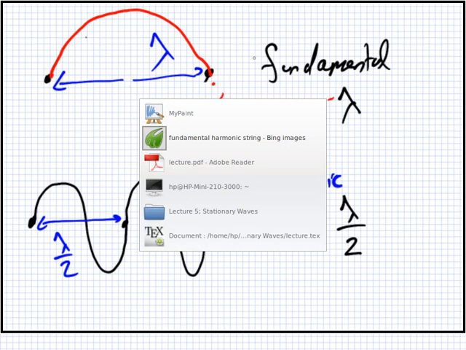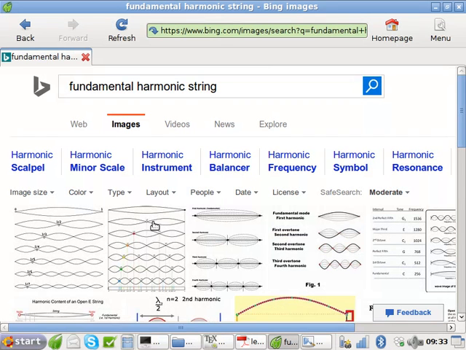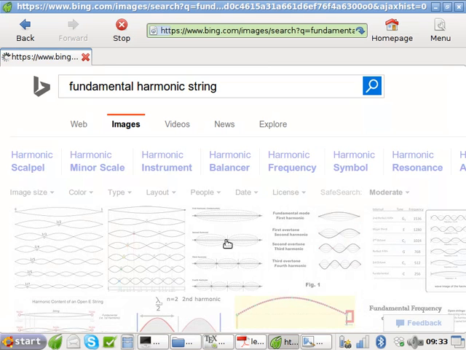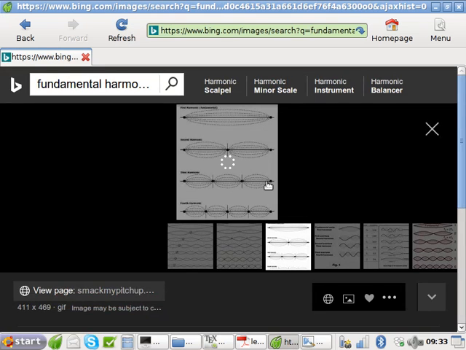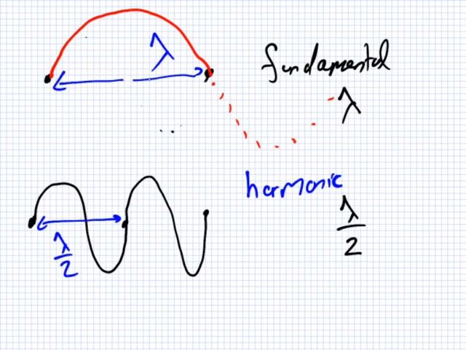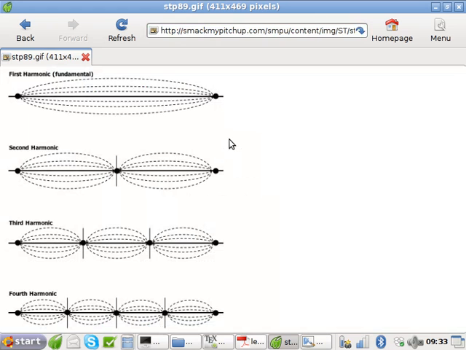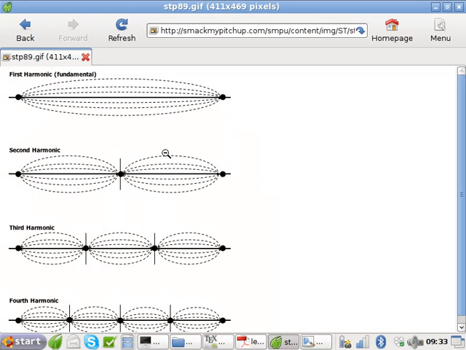But here, I think this beautiful picture would be much better than my picture. But I thought the lambda is too low. In this one here, the lambda would be twice that, right? It's twice this distance, which is the full distance there. I think this is much better. I shouldn't try to draw things.